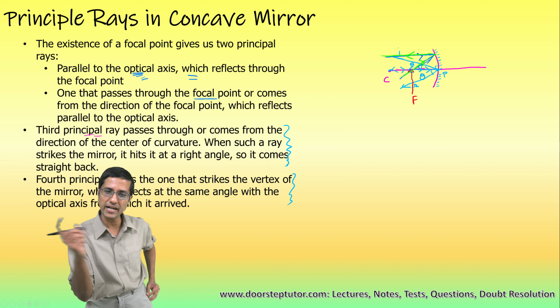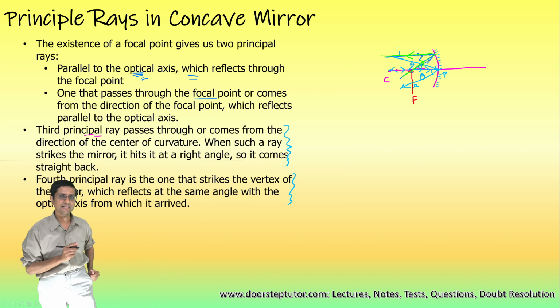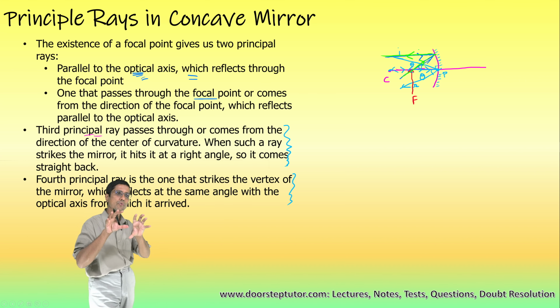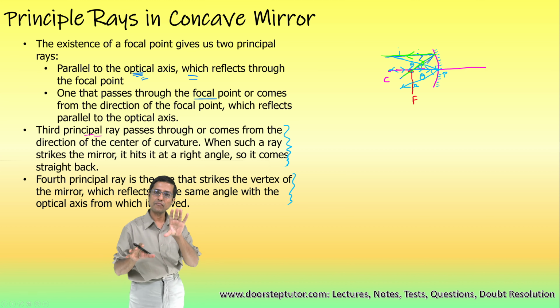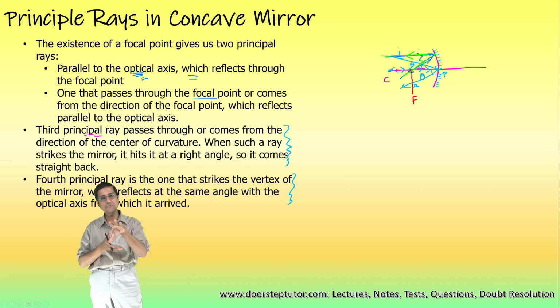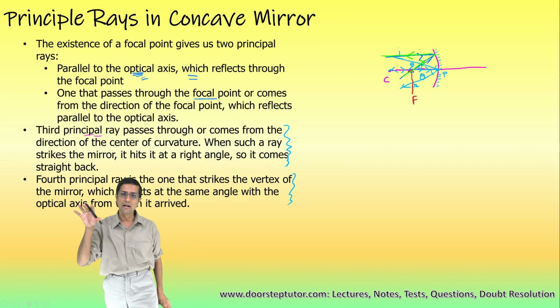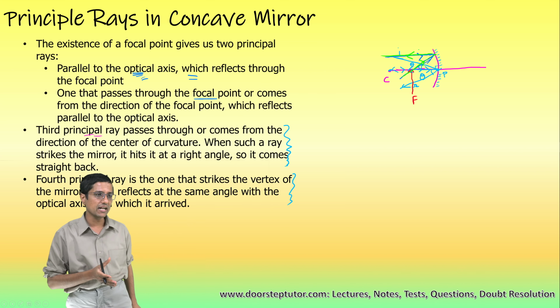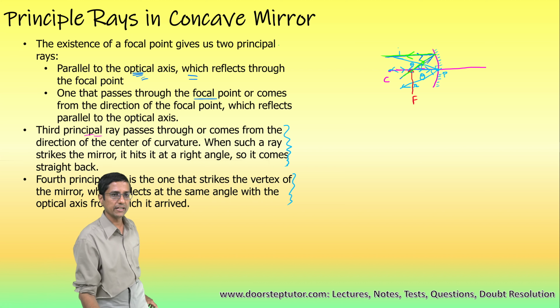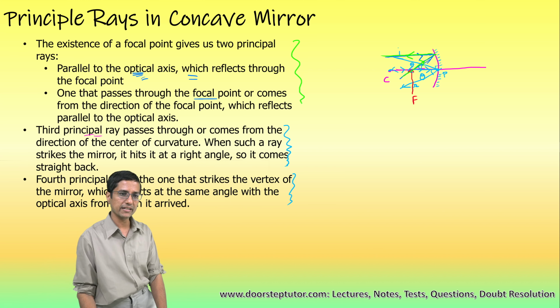So there are two principal rays which are related to the focus. One ray which is emanating from the focus, and one ray which is coming from infinity and then after reflection passing through the focus. These are our two principal rays right here.